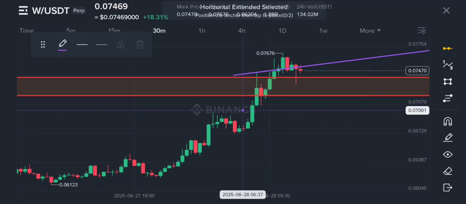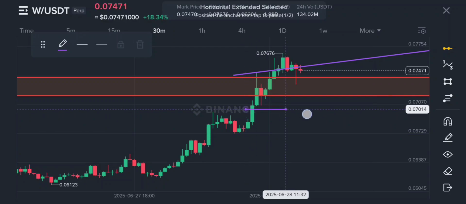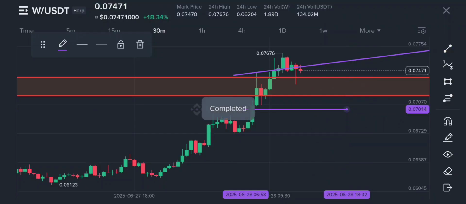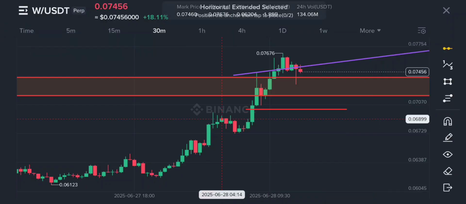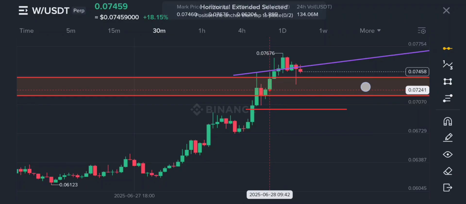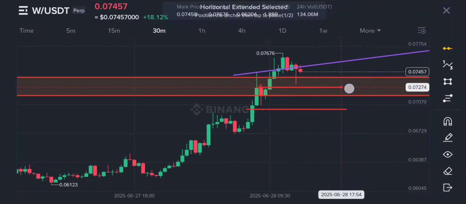And my entry should be somewhere here. So you can see a tight stop loss and also a good entry.